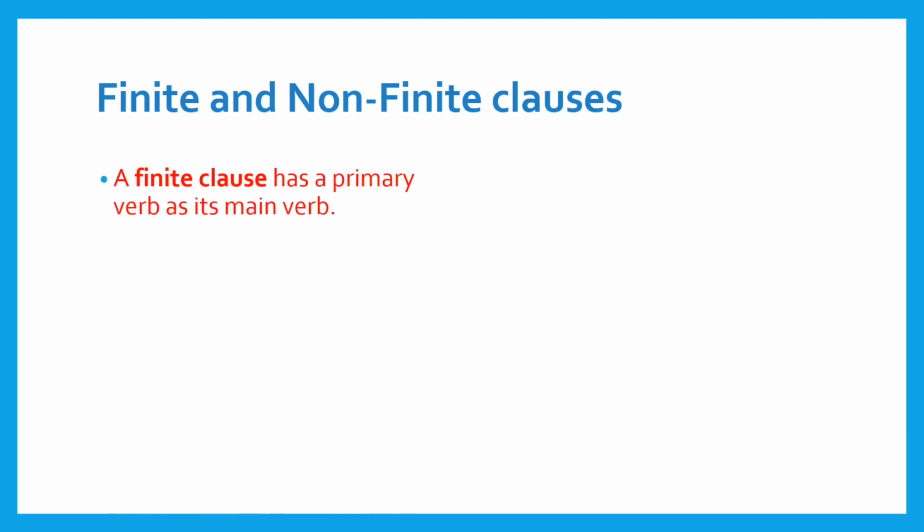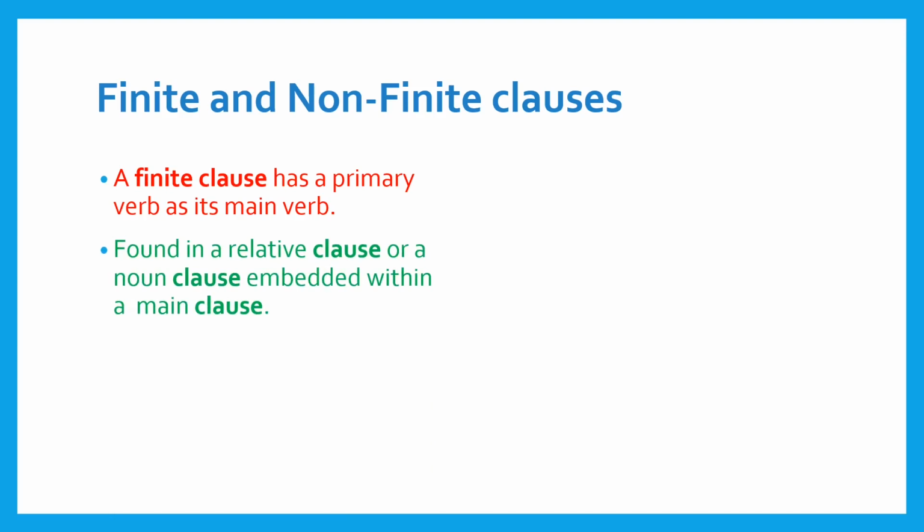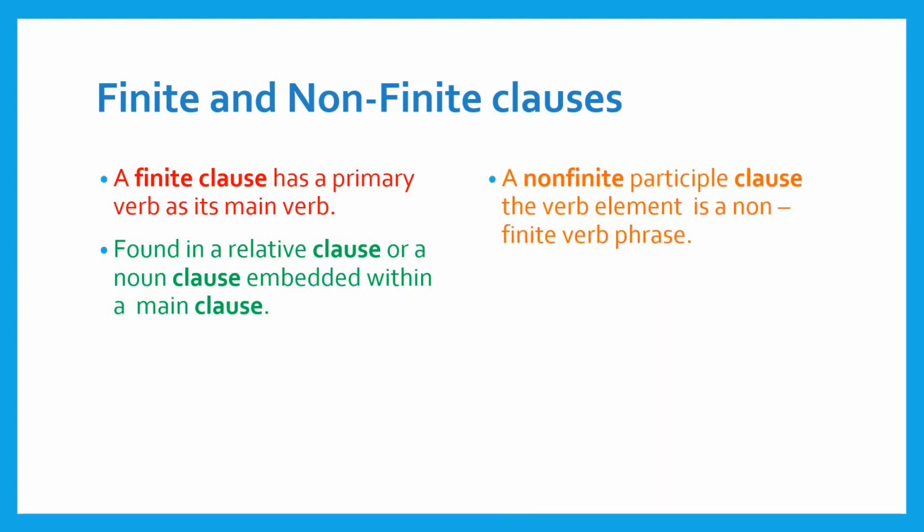The first one, a finite clause, has a primary verb as its main verb. It's found in a relative clause or a noun clause embedded within a main clause. And the non-finite clause is a verb element which has a non-finite verb phrase.